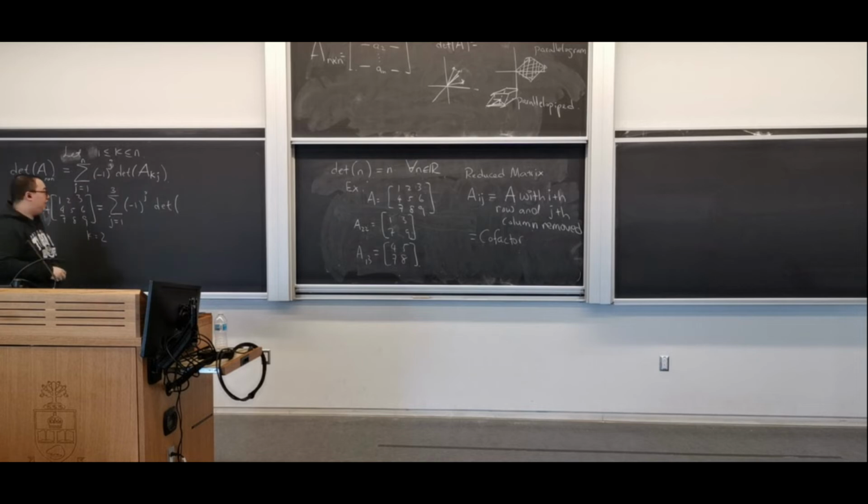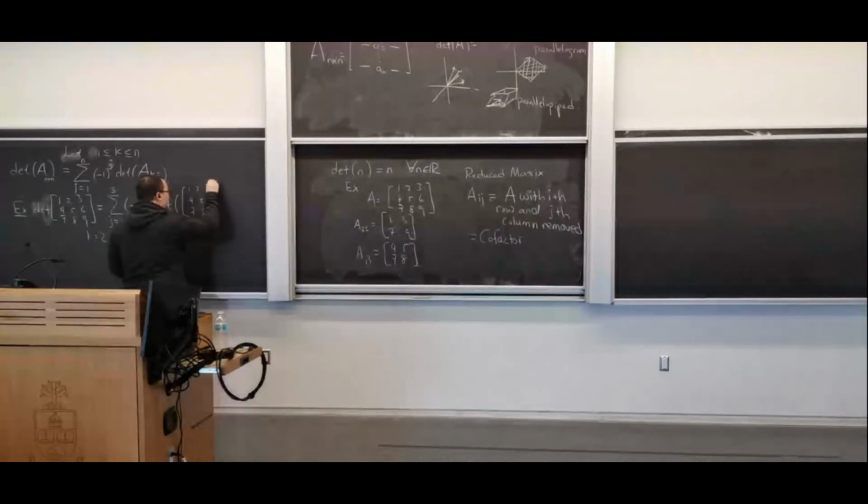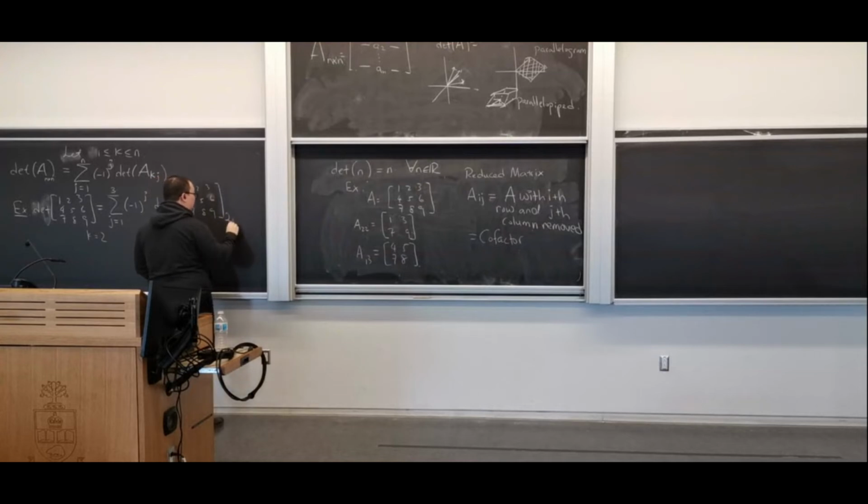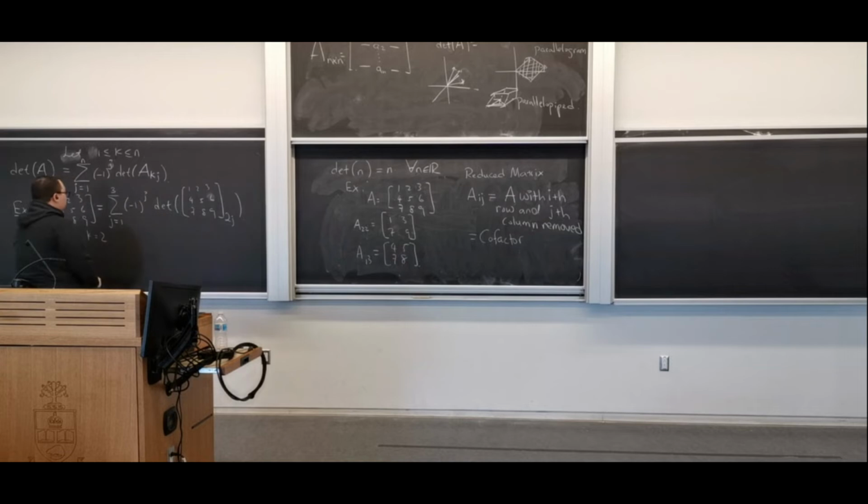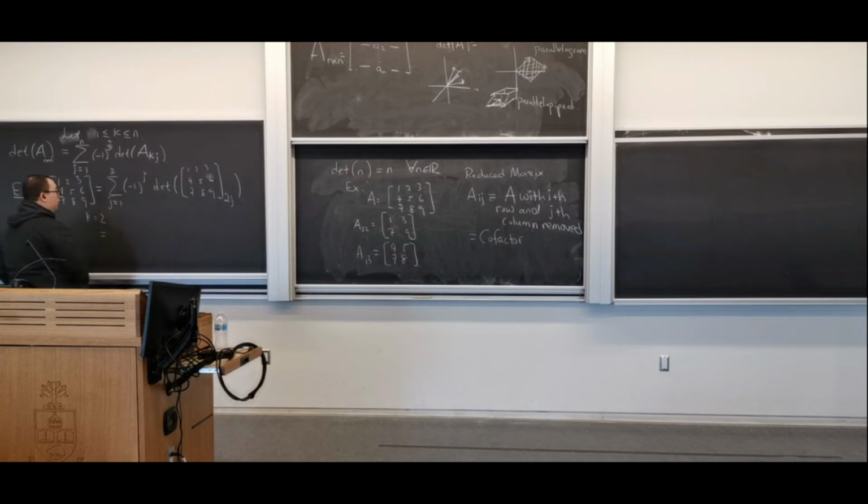I forgot to give it a name. 1, 2, 3, 4, 5, 6, 7, 8, 9. Removing the second row and the jth column. Right? So this will equal to. Now if I plug in j equals 1, what do I get?